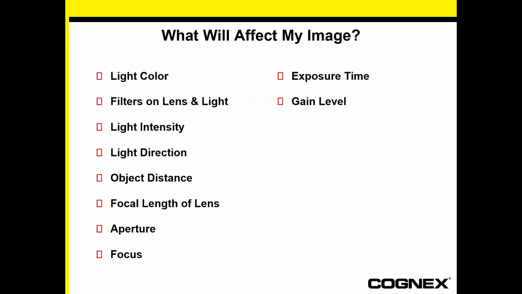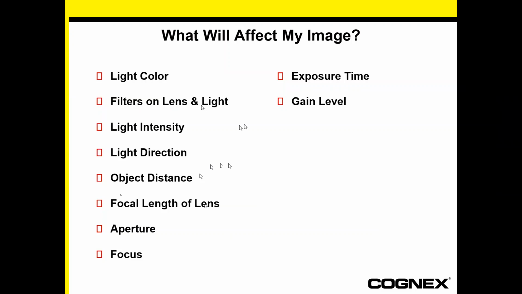So what will affect my image? This is something that you need to be aware of when looking at an application. Virtually everything will affect your image. If you imagine your image is outside, you could have different lighting, shadowing. Different light color will change the image. Filters on the lens and the light intensity, if it's getting brighter or darker, will all affect your image.